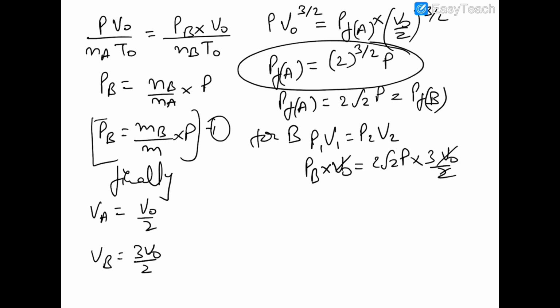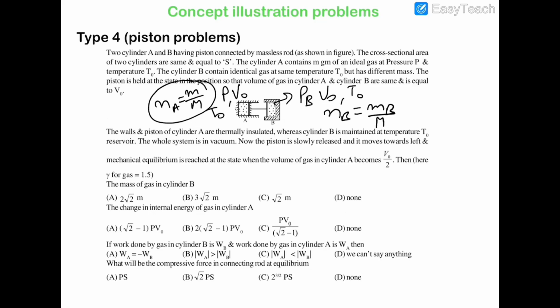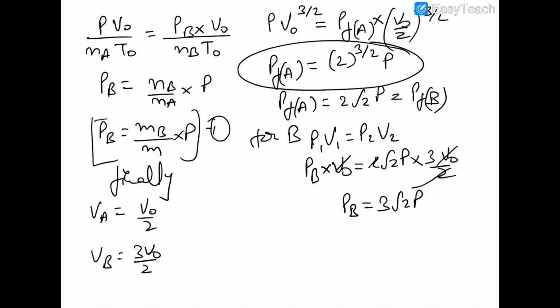So you can see that PB will be 3 root 2 P, and we have already used this relation that PB upon P is mB upon m. So 3 root 2 will be equal to mB upon m. So mB will be equal to 3 root 2 m.